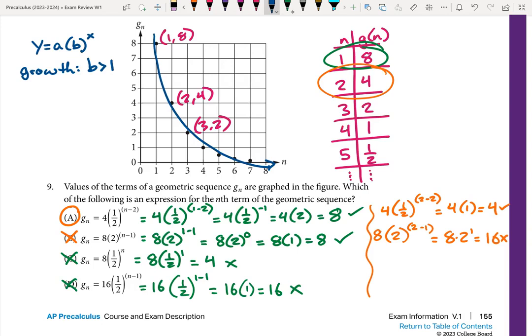Which ones have a b value greater than 1? B. So right off the bat, I could have eliminated B, knowing this. The other part is decay, which is when b is between 0 and 1. So just knowing this can help us eliminate right away. All right? Then from there, you could have tested 1 and been good to go.